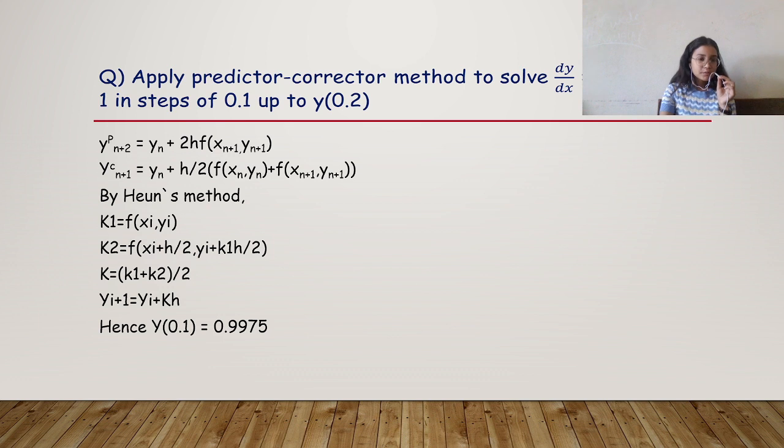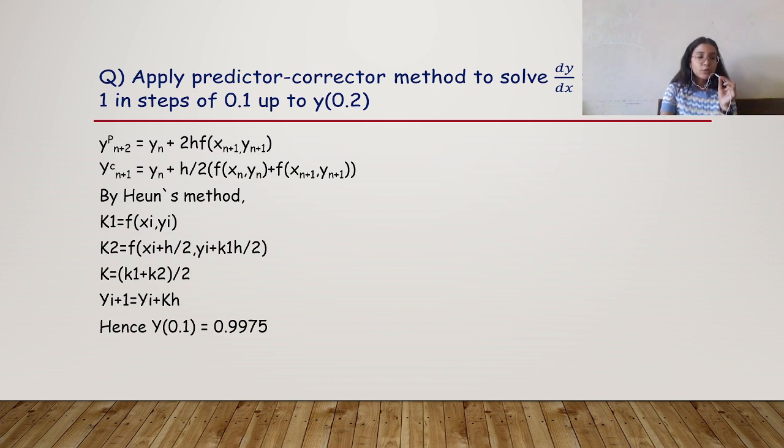By Heun's method, k1 equals f(xi, yi), k2 equals f(xi plus h/2, yi plus k1 h/2), k equals (k1 plus k2)/2, y(i plus 1) equals yi plus kh.